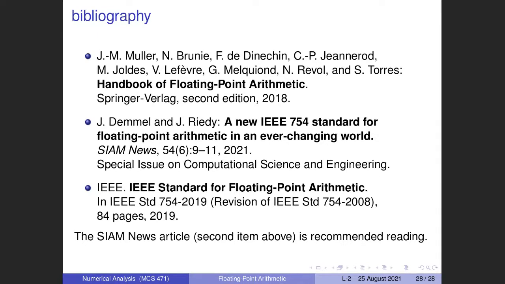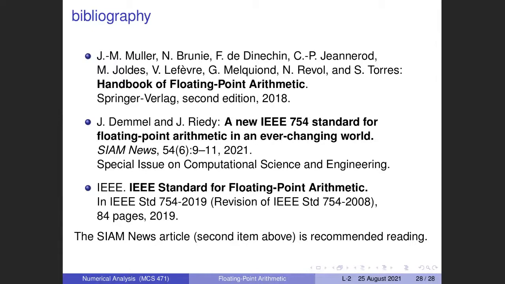Well, you can find them in the Society for Industrial and Applied Mathematics, and you can also find them in the IEEE Society. These three references are for more overview.